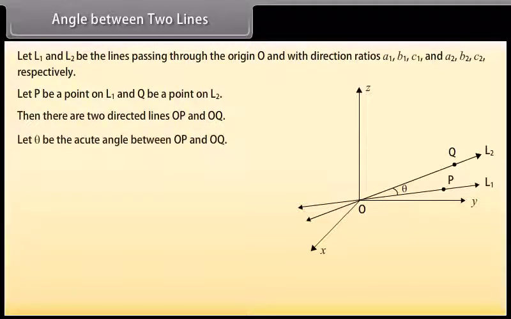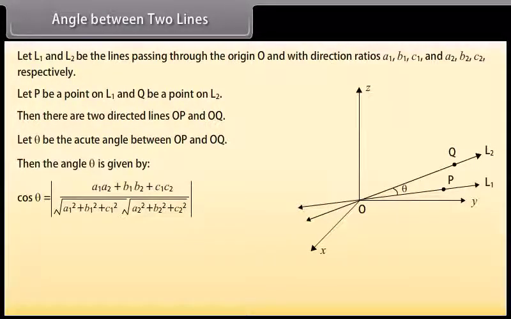Let theta be the acute angle between OP and OQ. Then cos theta equals modulus of (a1 a2 plus b1 b2 plus c1 c2) divided by the square root of (a1 square plus b1 square plus c1 square) into the square root of (a2 square plus b2 square plus c2 square).